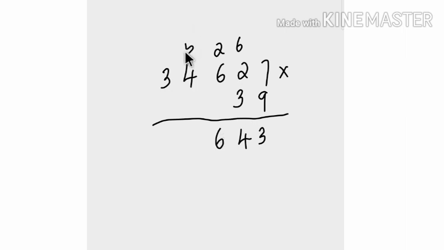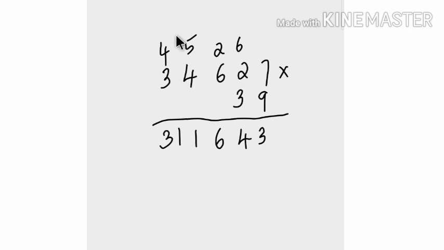Write 5 as carry. 4 into 9, 36. 36 plus this 5, 41. Write 1 here and 4 as carry. 3 into 9, 27. 27 plus 4, 31. Okay.